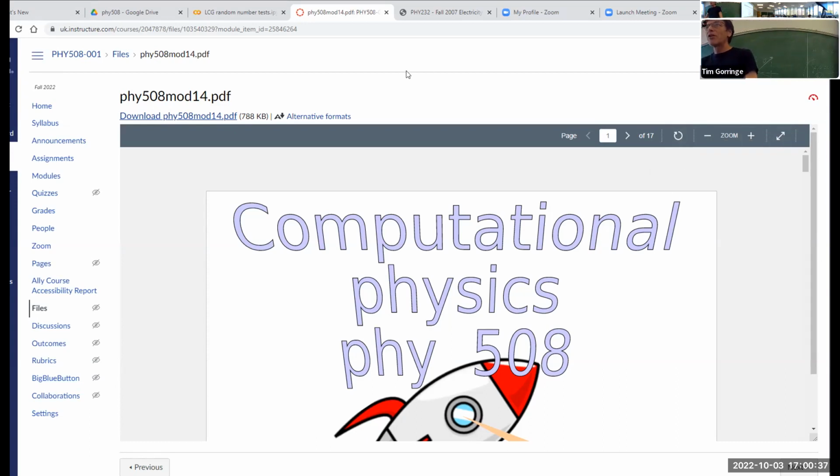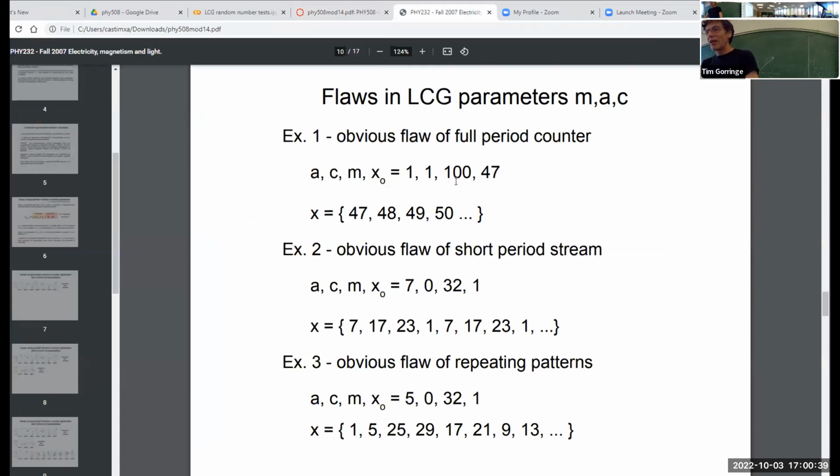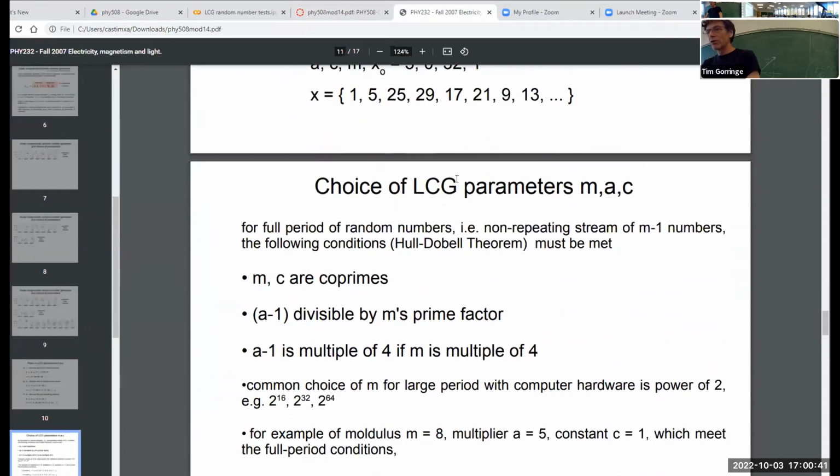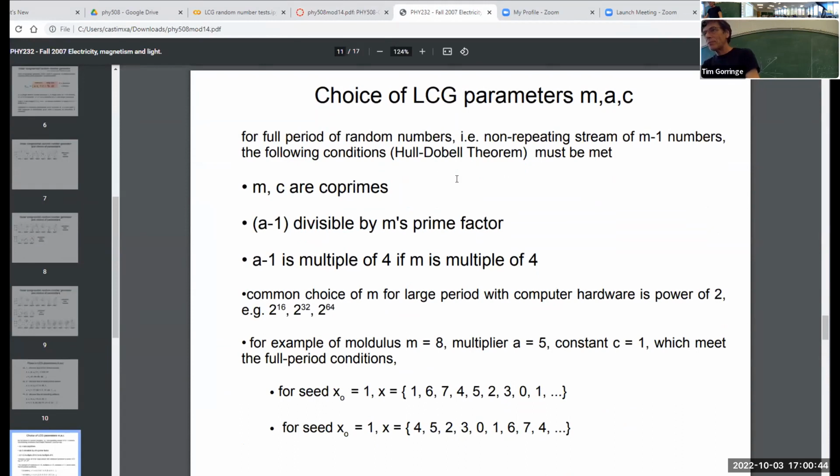So I'm going to go back to the slides. We've looked at these flaws. So there are some rules for generating reasonable sequences of random numbers.